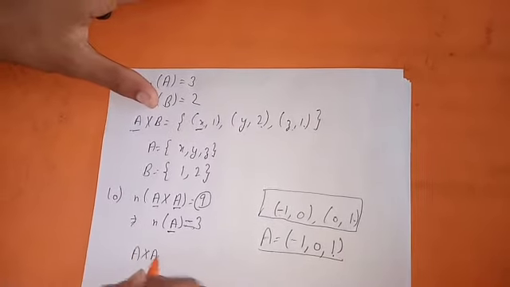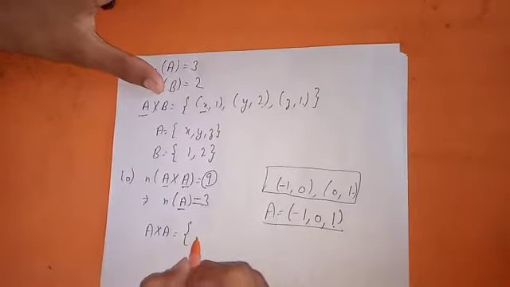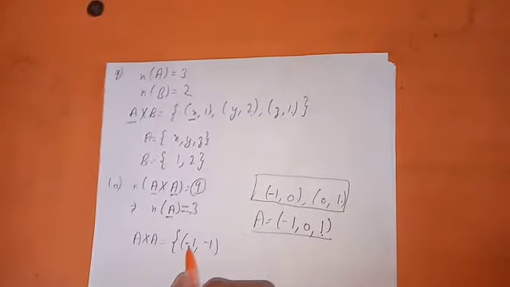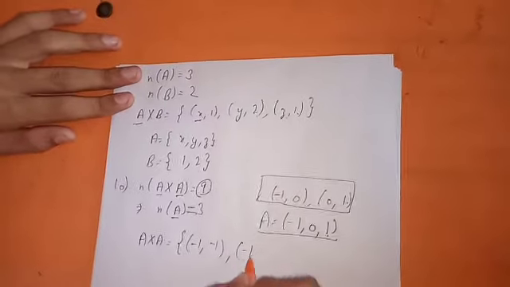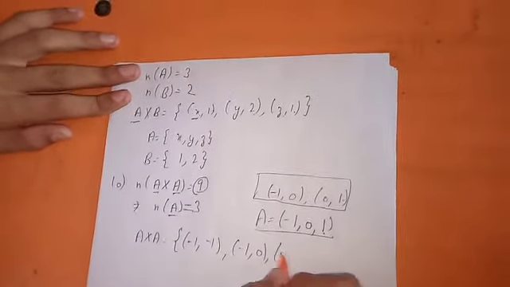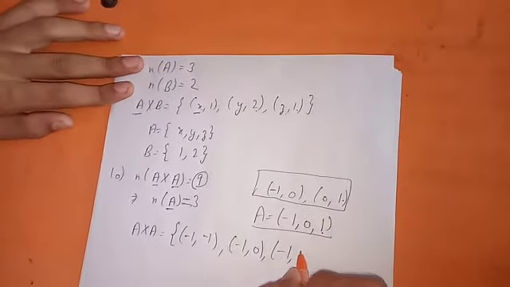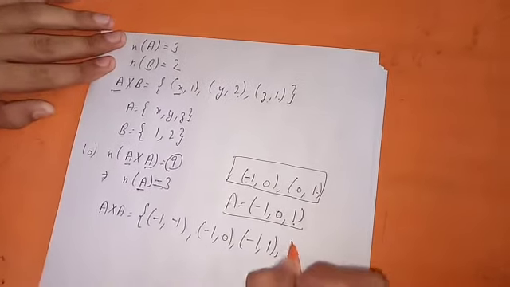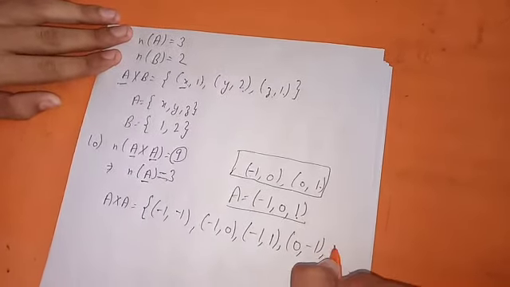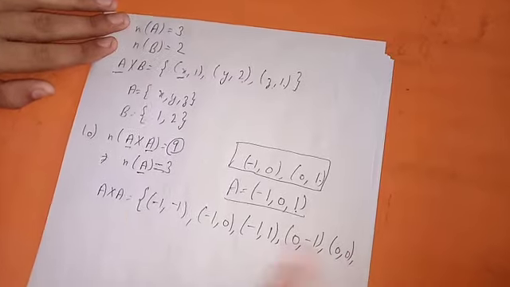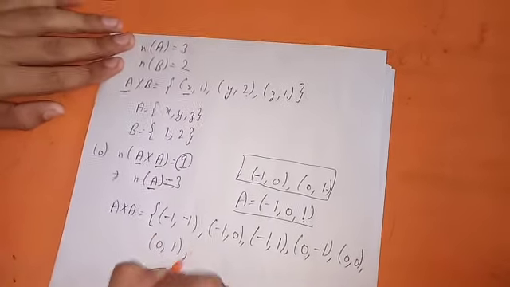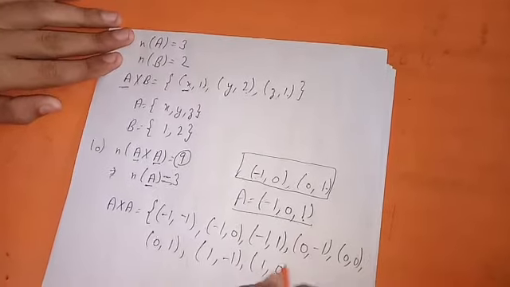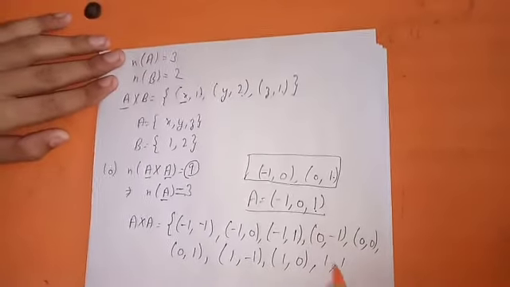A cross A we can find what it will be. It will be (-1, -1). Next will be (-1, 0). Then it will be (-1, 1). Okay, and then with 0: (0, -1), (0, 0), (0, 1), and then (1, -1), (1, 0), and (1, 1).